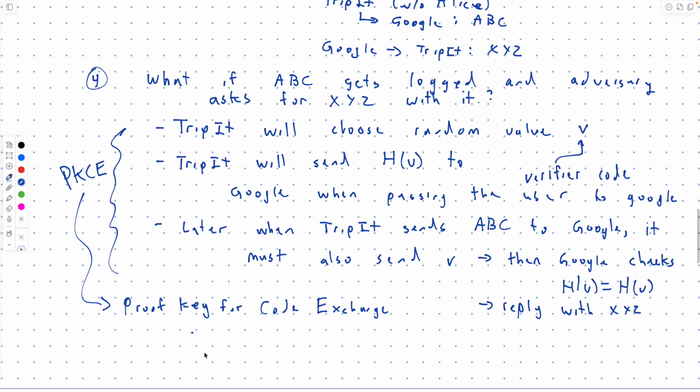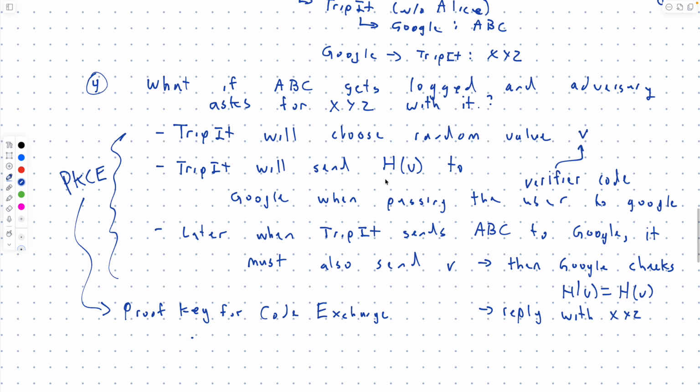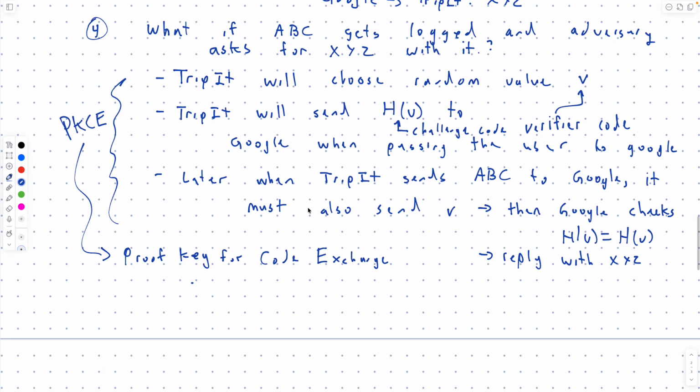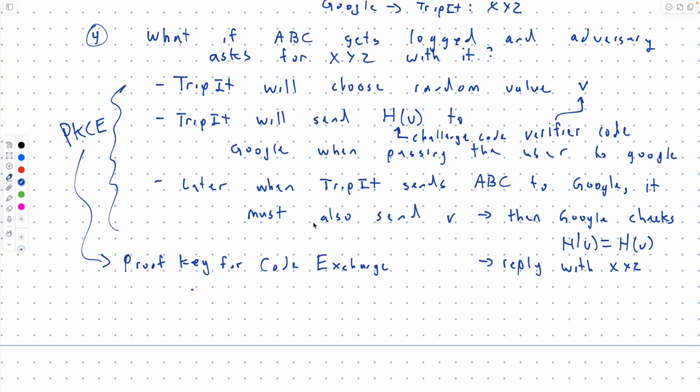Just in case you see that acronym somewhere. And this thing, the hash of V, we call a challenge code. I just want to make sure you have the term. So if you're reading about this somewhere else, and it's talking about challenge codes and authorization servers and things like that, you can kind of map it back to what we're talking about.